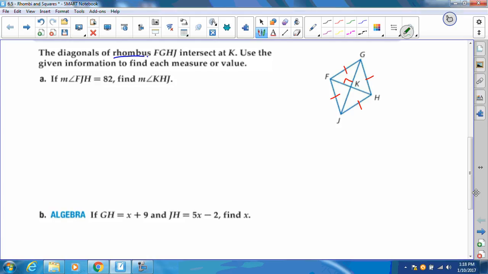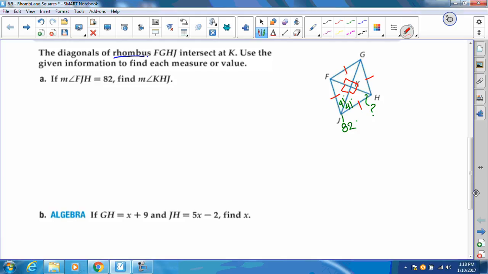If the measure of angle FJH is 82, so that's this angle here, then we know that each part here is 41 because it's bisected. And then we want to find the measure of angle KHJ. So this is the one we're trying to find. And remember, if it forms one right angle, those lines, then they form four right angles.